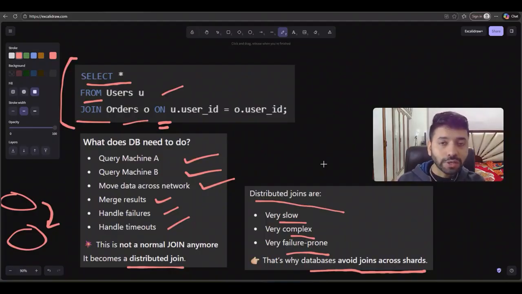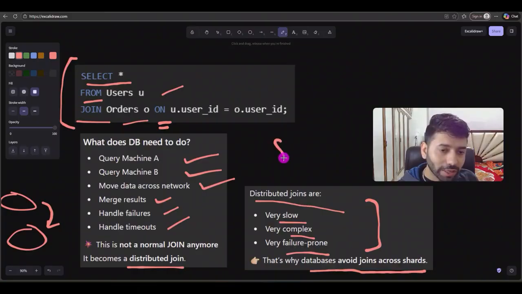And on top of that, the joins become very difficult because it is no more a normal join, it is a distributed join now, because the tables are split physically. There are different machines which have this data, so you have to connect the data from different machines. That requires network, and there are a lot of complexities involved, and that's why it becomes so hard to manage or handle joins in sharding, because it's a distributed join now.